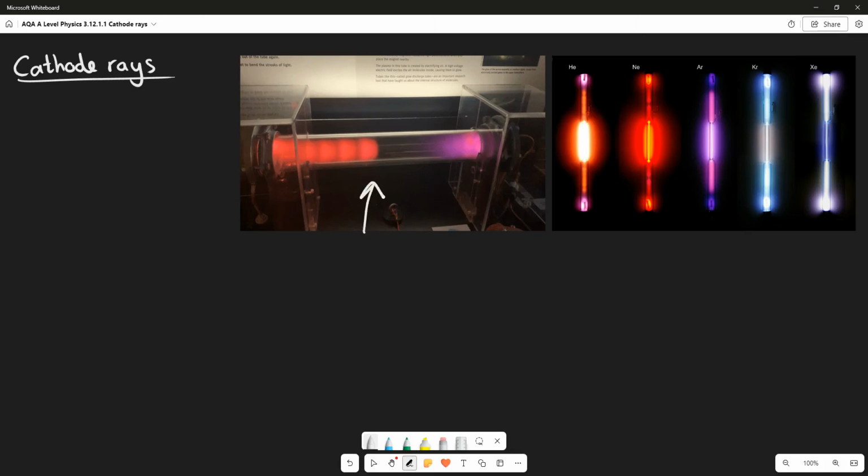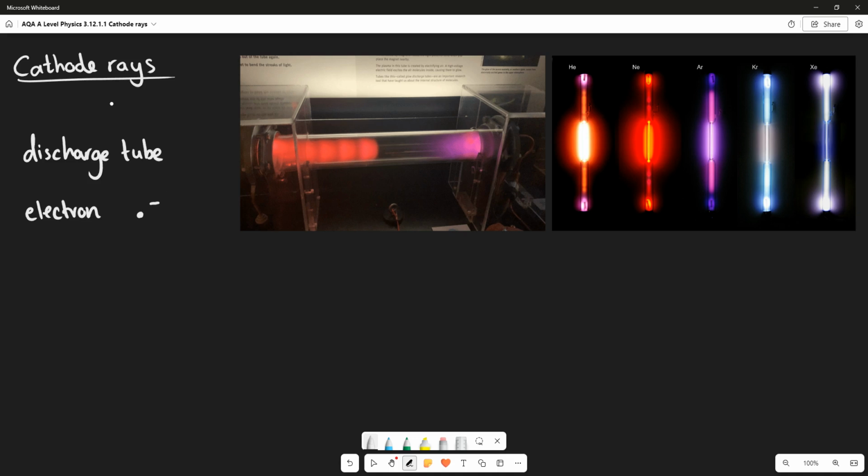This piece of equipment here is called a discharge tube. And an understanding of the way that this piece of equipment worked led to the discovery of the electron. Now we know an electron is a negatively charged particle.